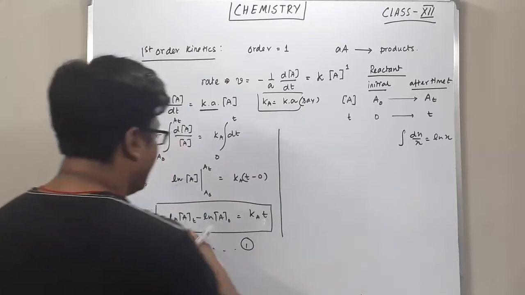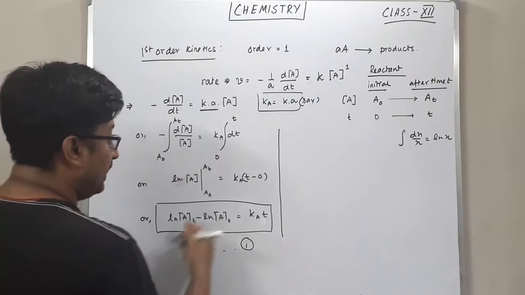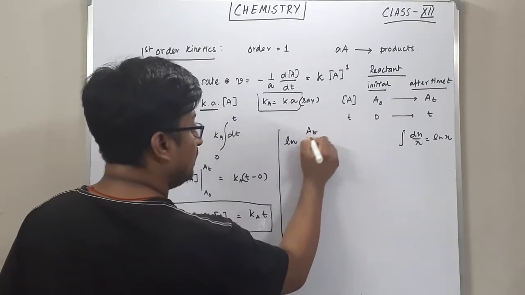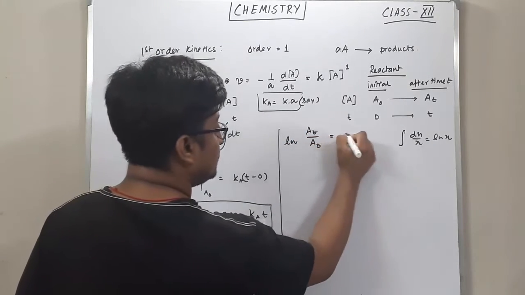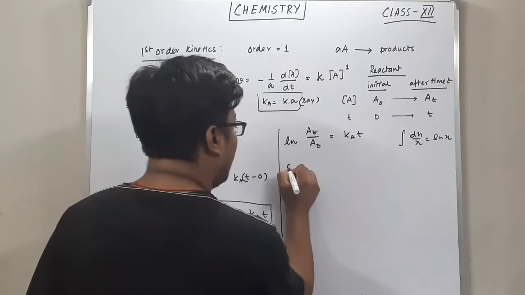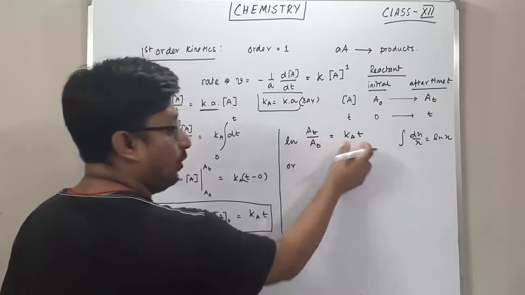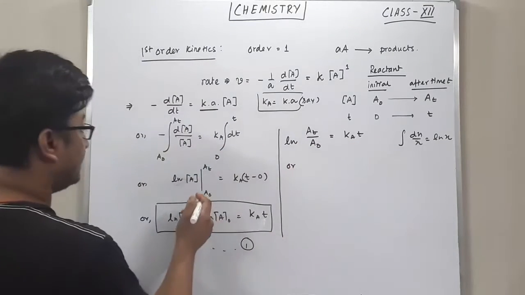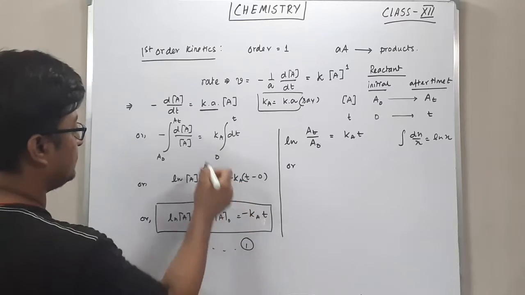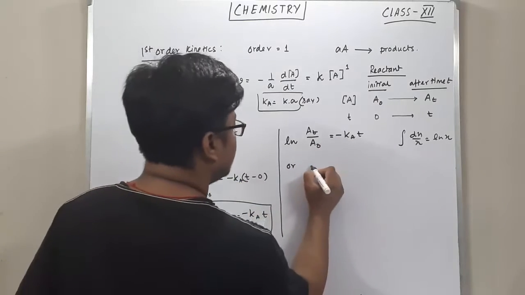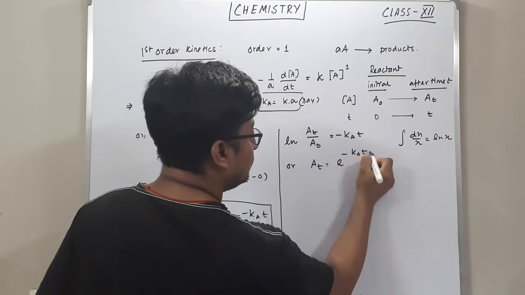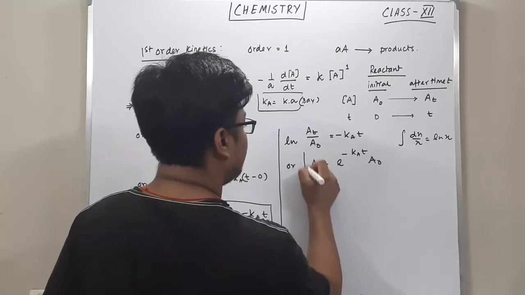Now what can I do from here? I can take ln At by A0, which is equal to minus k t. So At is basically e to the power minus k t into A0.